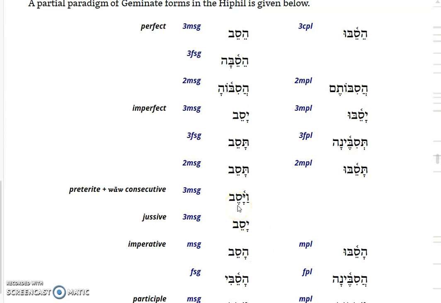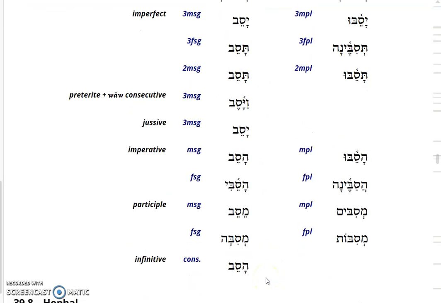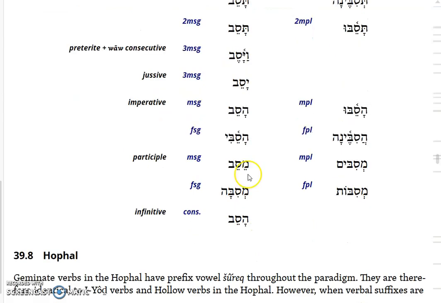I should have said vayasev and yasev. And then the imperative, hasev, which is similar to the perfect other than the vowel, and also the participle. And when you add the other endings, you get the doubling of the bet to indicate that this is in fact a geminate.